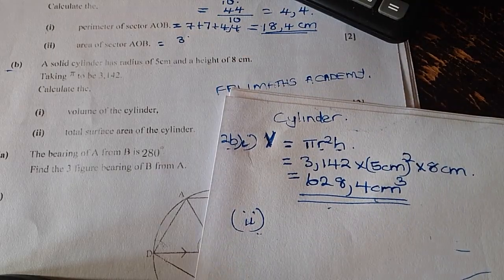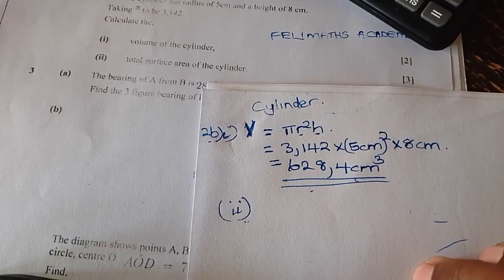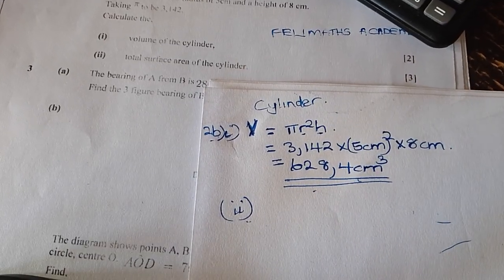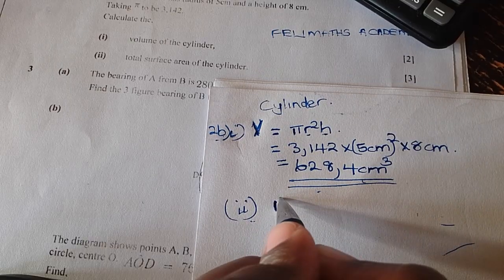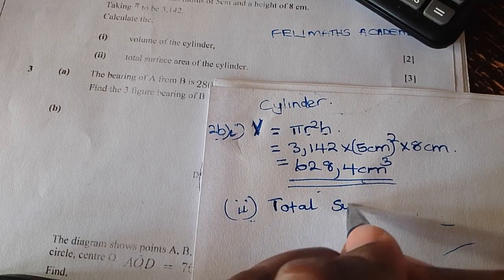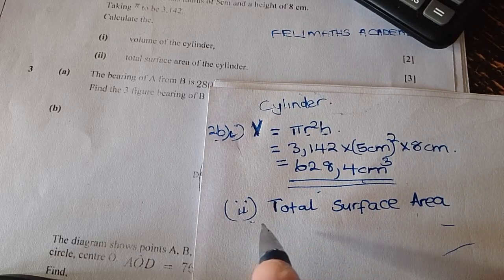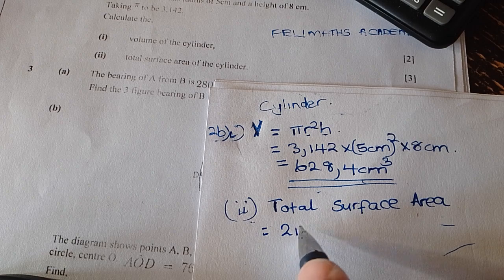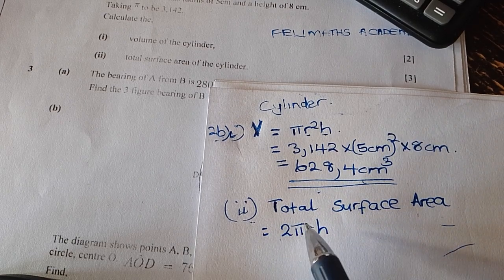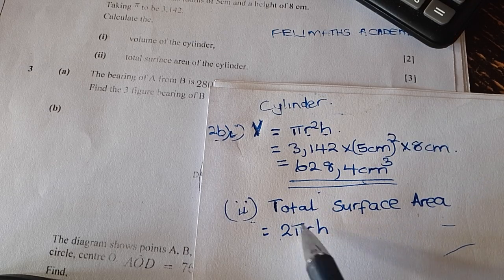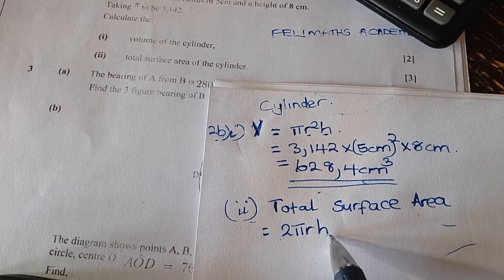Right, for our 2B part 2, the total surface area of the cylinder. For the total surface area of a cylinder, total surface area is equal to 2 pi r h. This 2 pi r is for the circumference of the cylinder, then multiply it by the height.